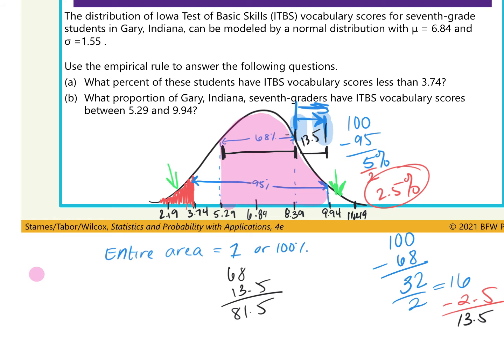Why am I subtracting? Because I want it to stop at 2 standard deviations here, and anything above is 2.5%. That would include this little tail, and I'm not including that in my question. I just want to stop here. Aubrey did it and got 13.5, and then I got 81.5.